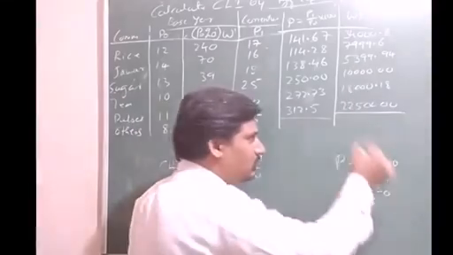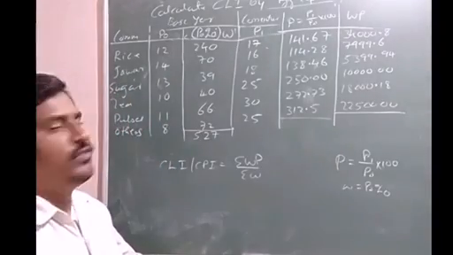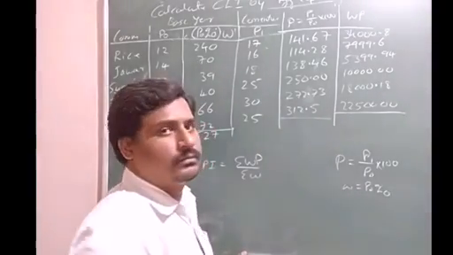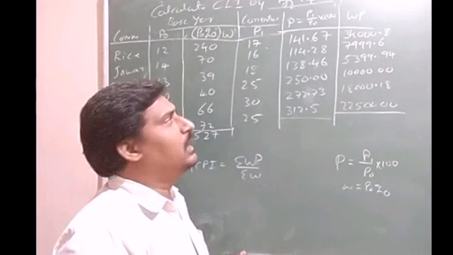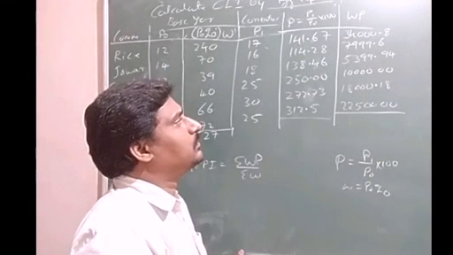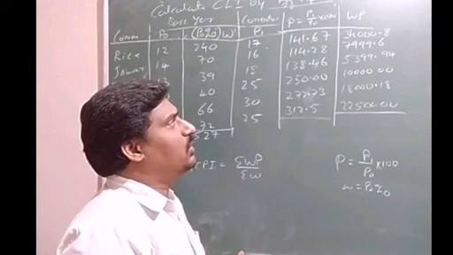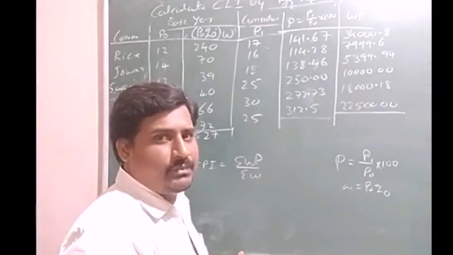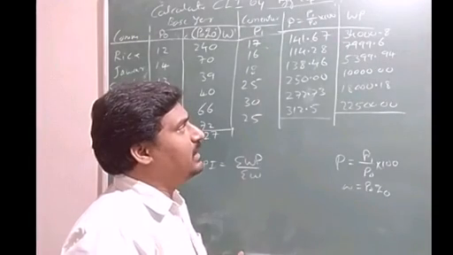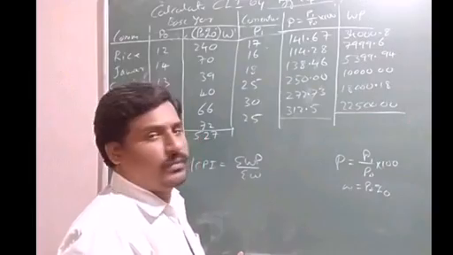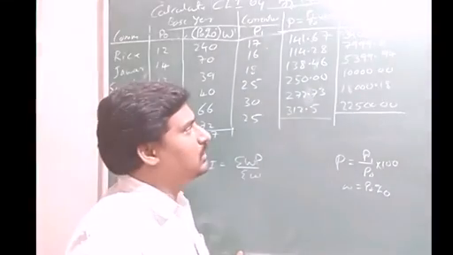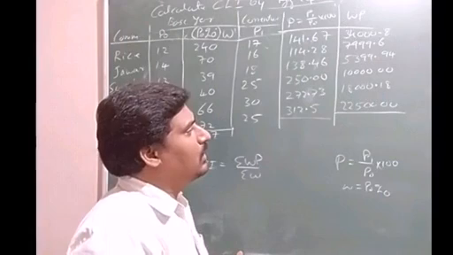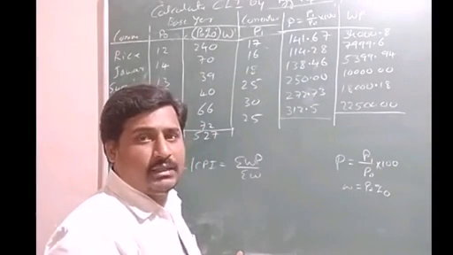So what is the grand total of the WP column? 34,000.8, 7,999.6, 5,399.94, 10,000, 18,000.18, 22,500.